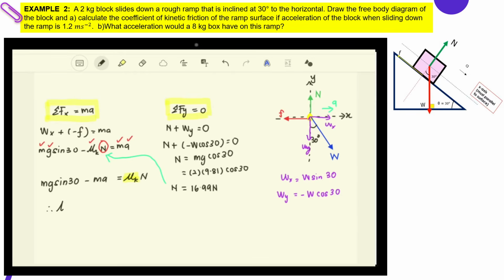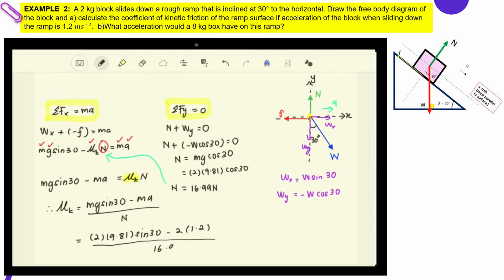Therefore, mu k is equal to mg sin 30 minus ma over N. As we have calculated the value of N just now, we can substitute N. So kita masukkan 9.81 sin 30 minus 2, and the acceleration given is 1.2, over N which is 16.99. Therefore mu k is equal to 0.44.